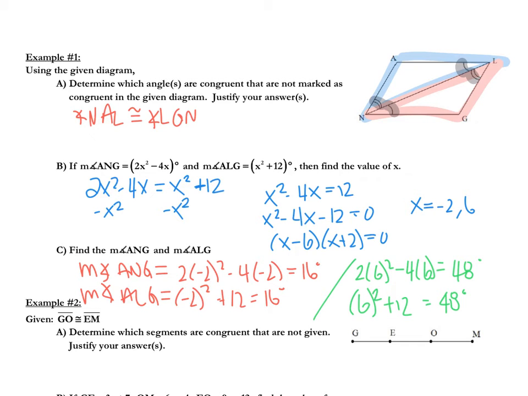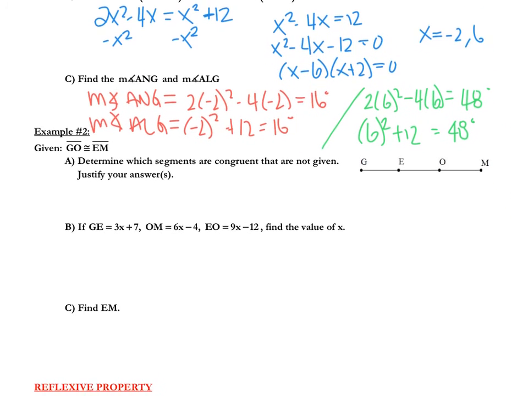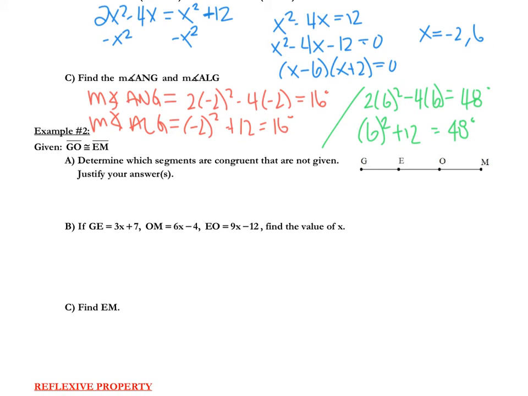All right, so the next example, we're not going to go through the whole thing, but it says determine which segments are congruent that are not given. So you have GO is congruent to EM. Since they share the same segment in the middle, we can say that GE is congruent to OM.